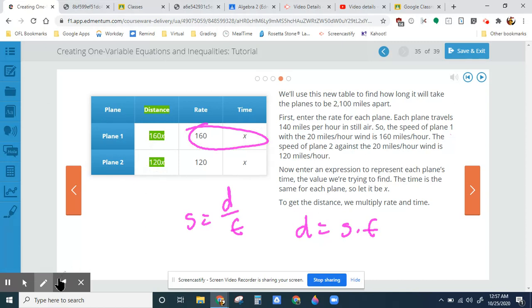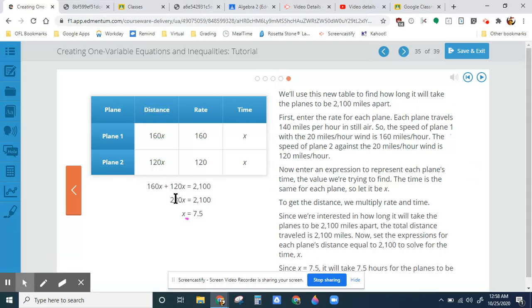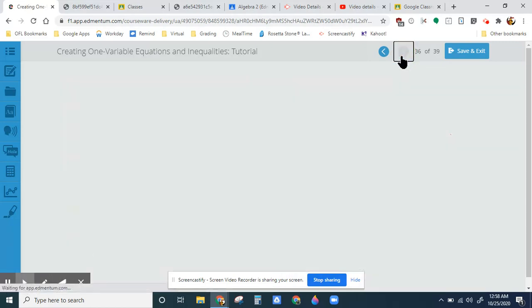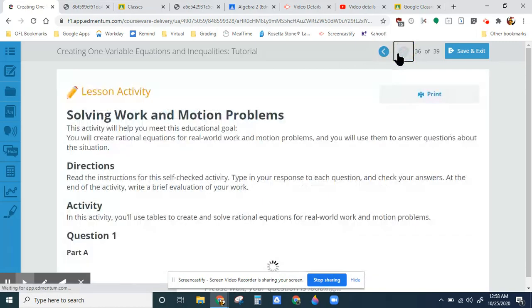We need to add these distances to end up getting what we want, in this case 2,100 miles. Woo, 2,100 miles per hour would have been way too fast. So adding those together, we find it's going to take them 7.5 hours to get that far apart. Using those tables is really helpful to plan out your scenario.